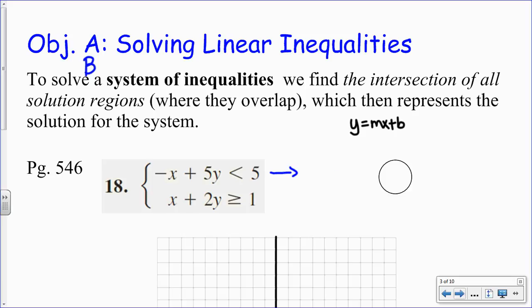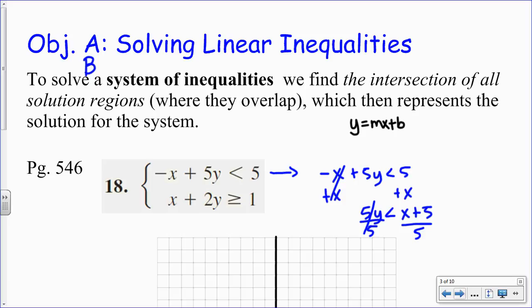Let me write that out. So add x, and then I divide by 5. Both terms have to be divided by 5. 5 is positive, so I don't have to flip the direction of my inequality.